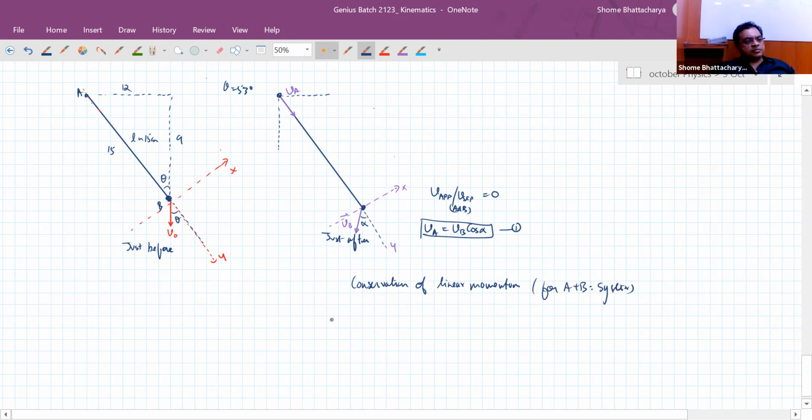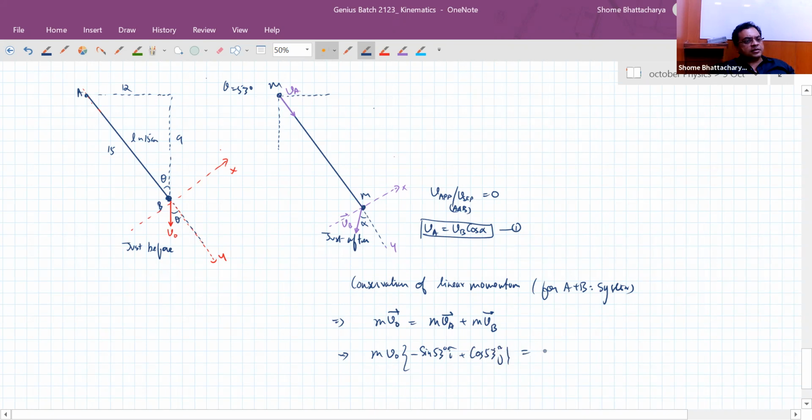So in my initial diagram, m v naught vector should be equal to, in my final diagram, m vA vector plus m vB vector. Okay. Because already told you they're of same mass. So when I write it in component form, this is m v naught into minus sin 53 i cap plus cos 53 j cap.